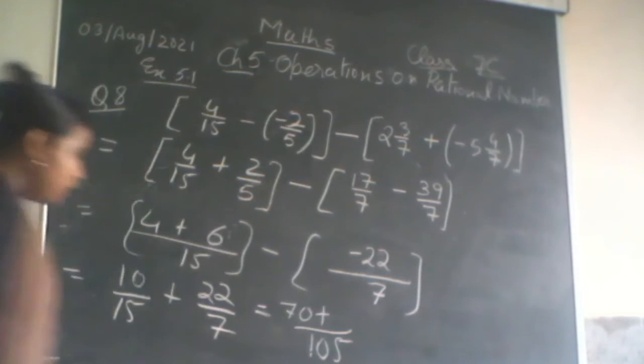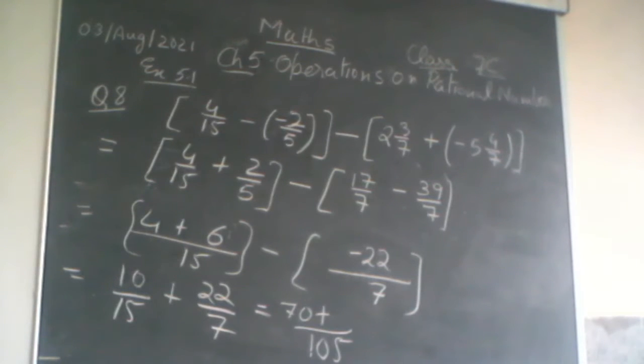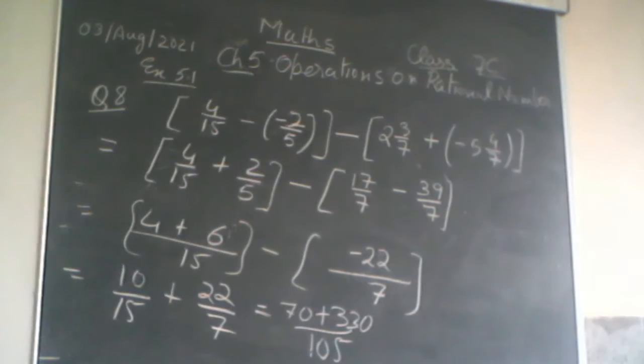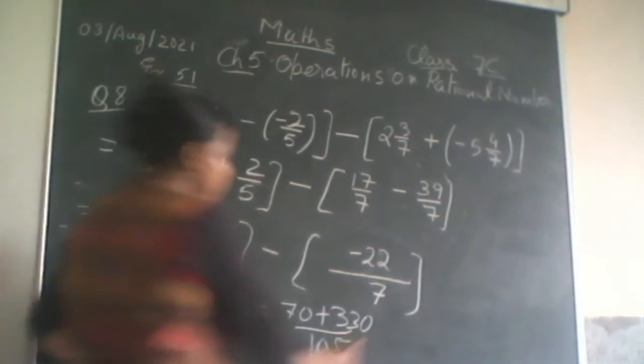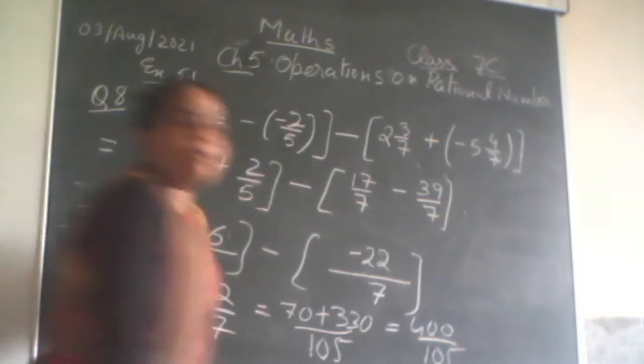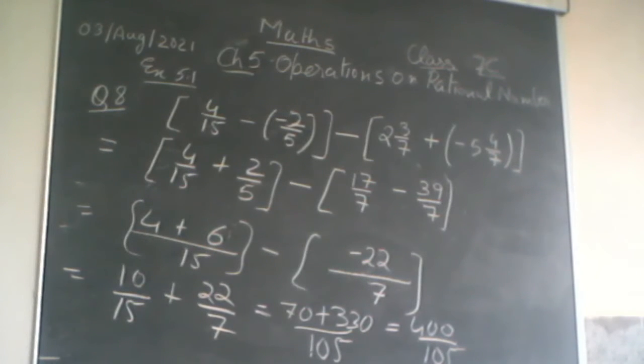Plus 15 into 22 is how much? 330? Correct? Yes, ma'am. So 400 upon 105. Now it's up to you. I have already told you, can it be reduced? Yes, ma'am. Tell me what is the reduced value, fast.